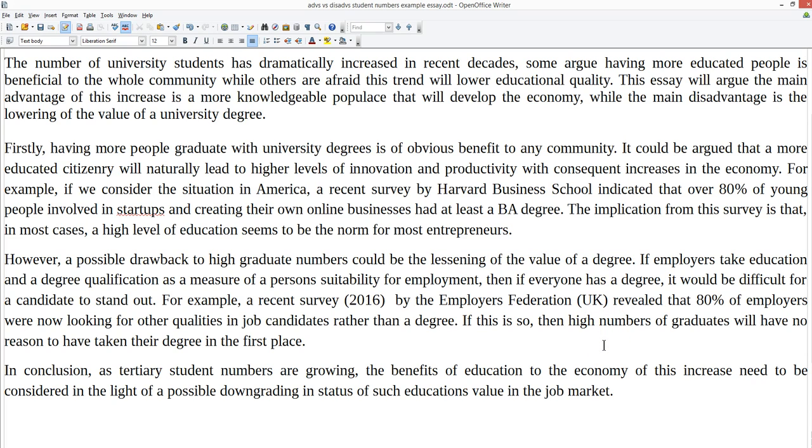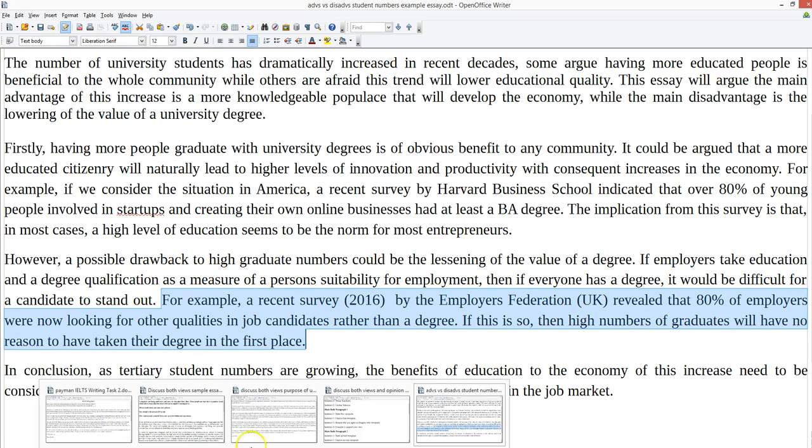Okay. So if we take looking for a job, for example, if employers consider a degree as a measure, if everybody has a degree, it's difficult for them to stand out. And then a survey said, and so on. Okay? So, let's go back to this one.